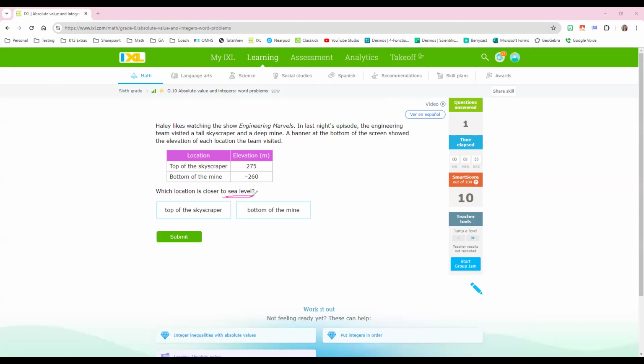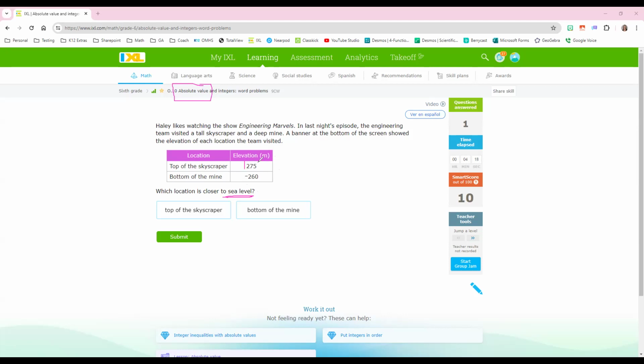Well, sea level is considered 0 because you can have things that are above sea level, above 0, or below. So if we're talking about distance from sea level, we're talking about distance from 0 here. That means we can just find the absolute value of both of our numbers, and that will tell us which one is closer.